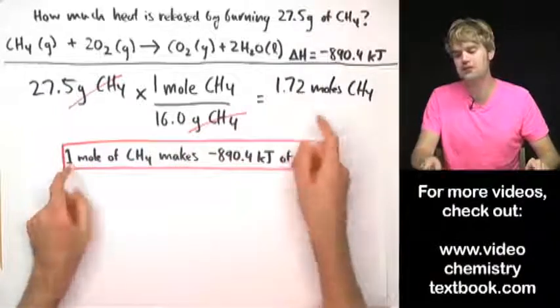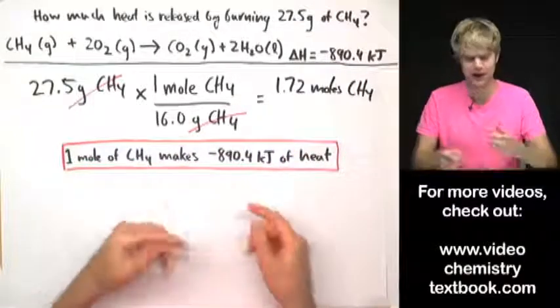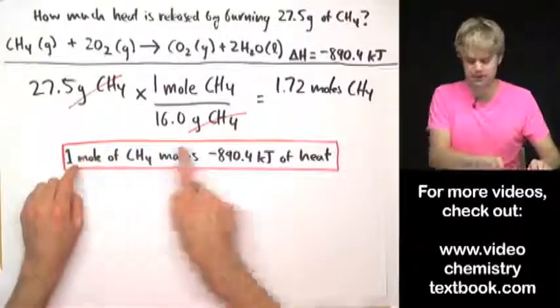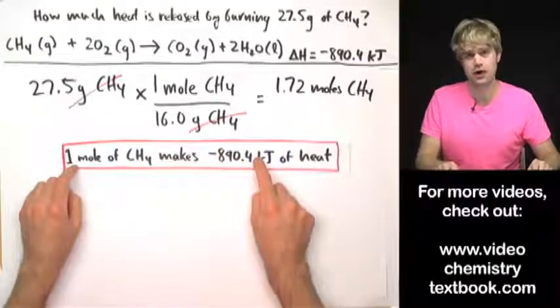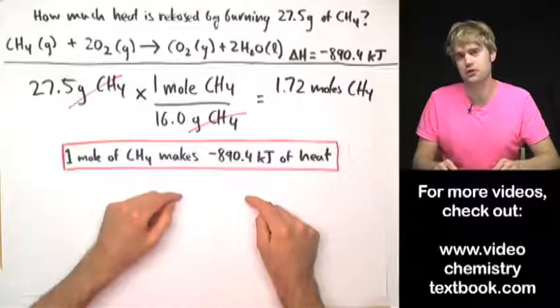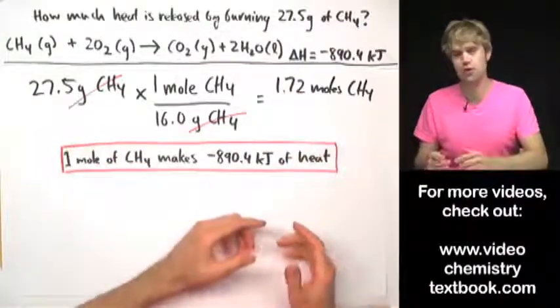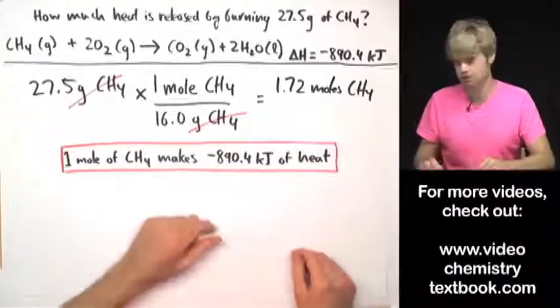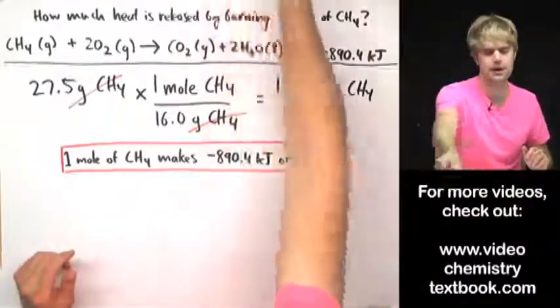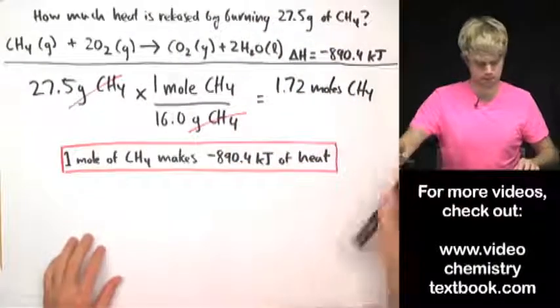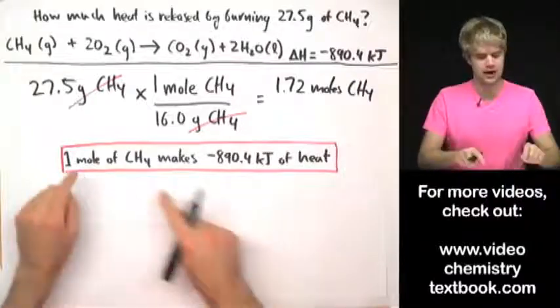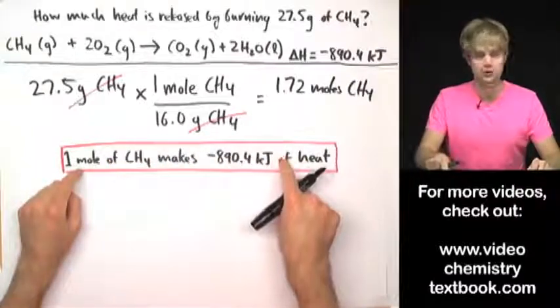I have 1.72 moles. So what I've got to do is write this as a conversion factor and use this conversion factor to turn 1.72 moles of CH4 into an amount of heat. All right? So here's how I can do this. There are 2 conversion factors that I can write using this information.